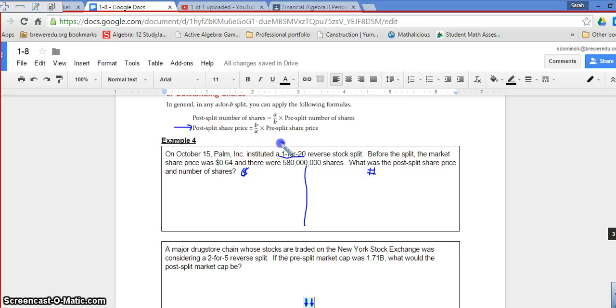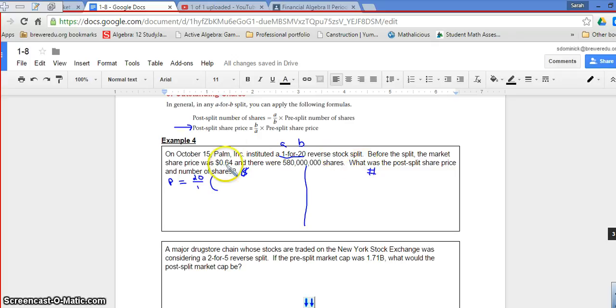So in this case, 1 will be A and 20 will be B. I'm then just going to put that into this bottom equation. So the post-split price is going to be equal to B over A, so 20 over 1, and I got those numbers from up here, times the pre-split share price.